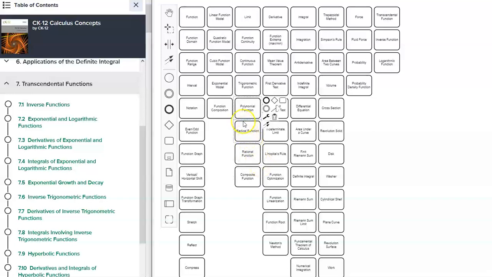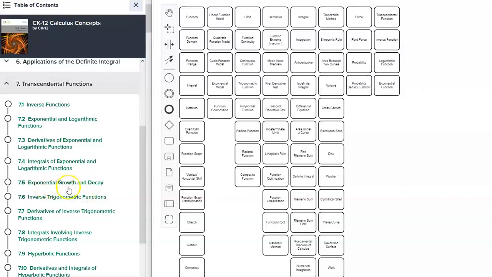Did we get the exponential model, but did we actually get the exponential function? I don't think we did. There's a difference between a model and a function. In this case, we found the exponential function.